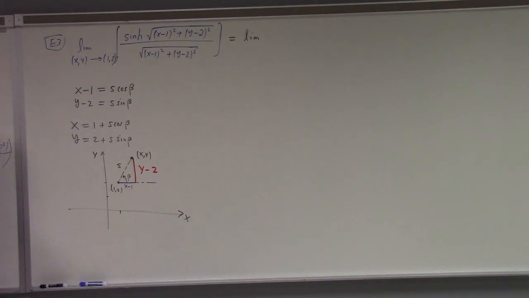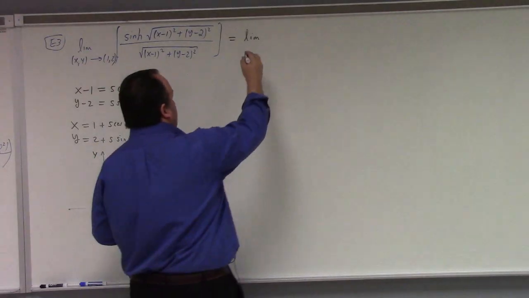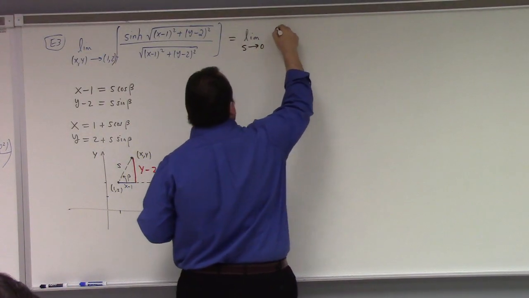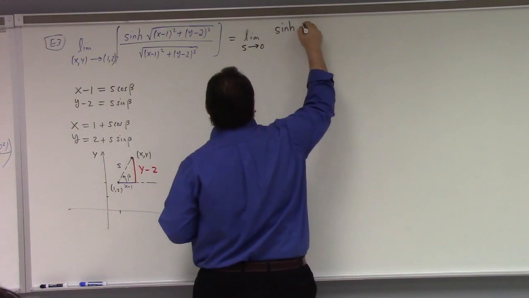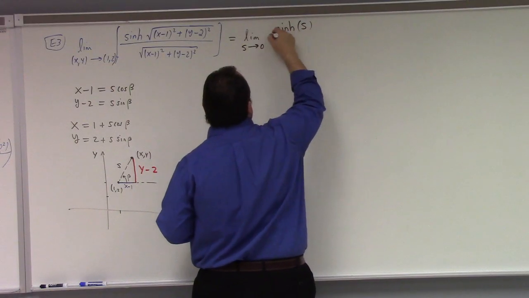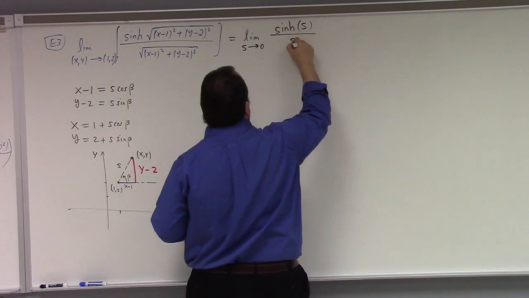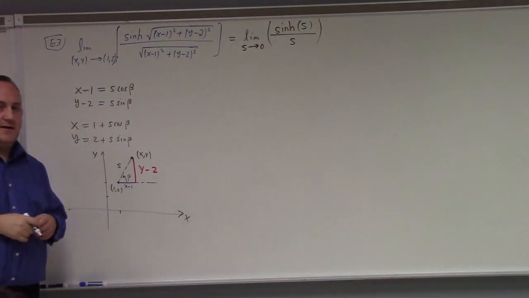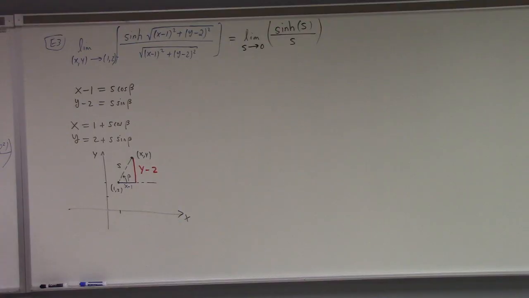Yeah, s goes to 0. So we should do the limit as s goes to 0 of the hyperbolic sine of s divided by s. Now, hyperbolic sine of 0 is 0, right? Why isn't it the square root of s? Oh, never mind, because that is the hypotenuse.